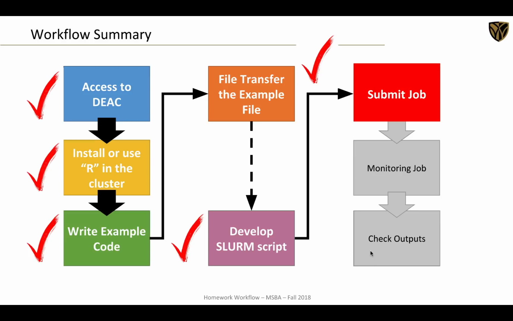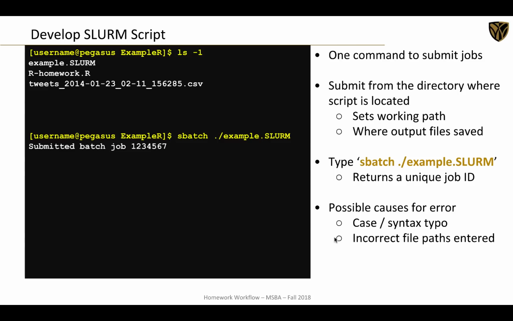With our R code and Slurm script both transferred to the cluster, it's time to submit our script to the cluster as a job. To do this, you will need an active SSH login session to the cluster head nodes, which you should still have up from earlier. Submitting jobs to the cluster is done with a single command.